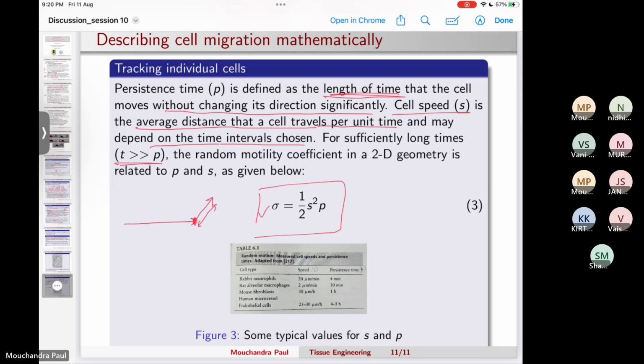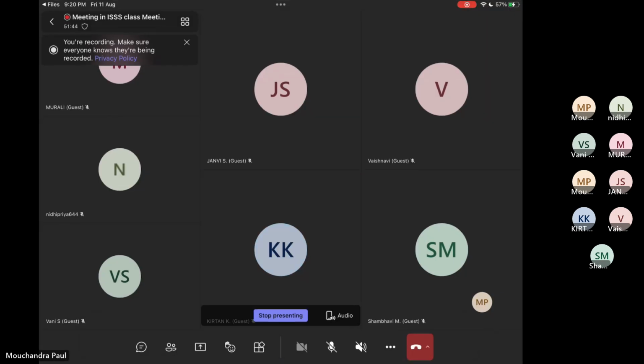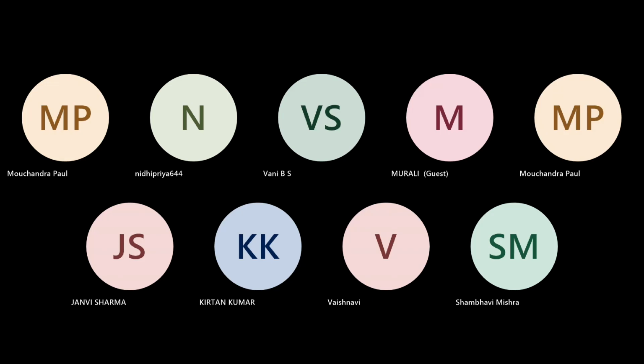So let me show you that question, where you had to calculate the cell numbers, etc. Is my screen visible?